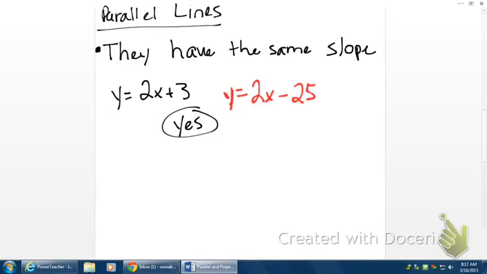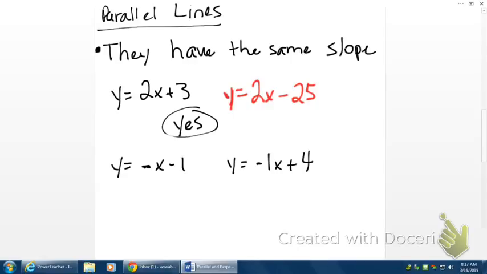So when you're looking for a parallel line, just look at the slopes. Let's say we had y equals negative x minus 1, and y equals negative 1x plus 4. Would those be considered parallel lines? Yes. They have the same slope.